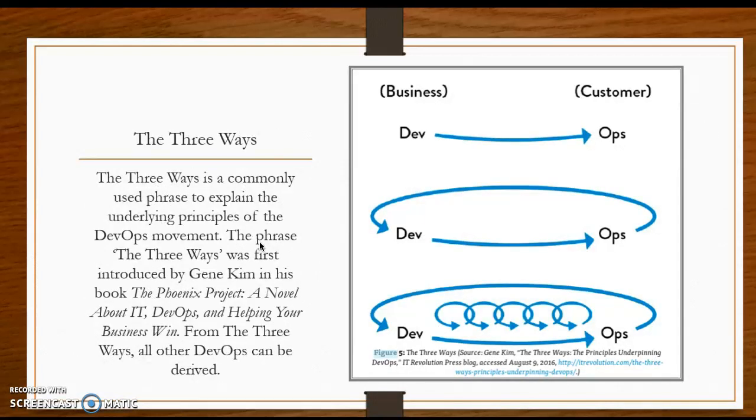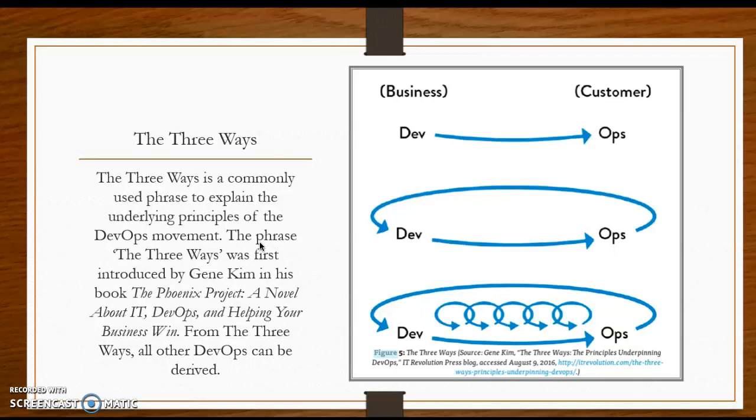And then we're going to talk about the three ways, which are the basic key principles of DevOps. The three ways is a commonly used phrase to explain the underlying principles of the DevOps movement. This phrase, the three ways, was first introduced by Gene Kim in the book called The Phoenix Project.